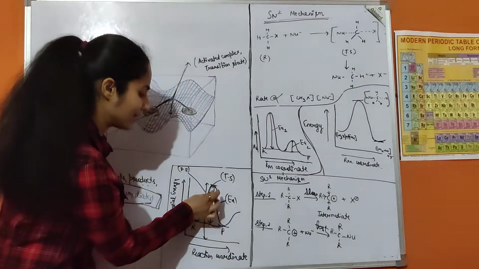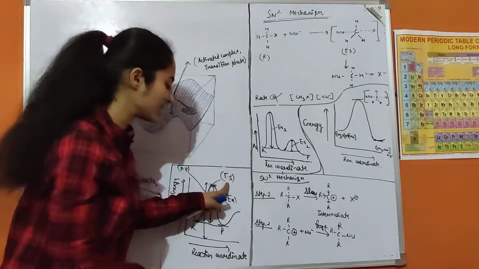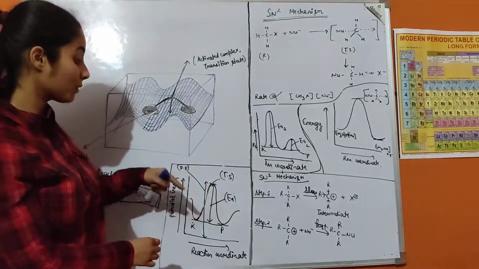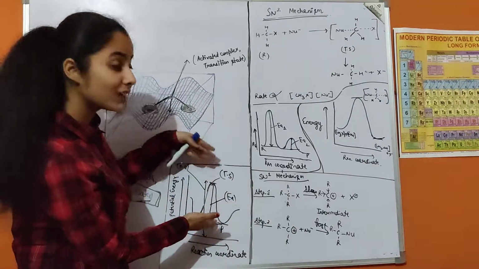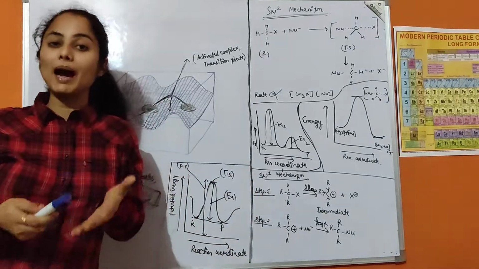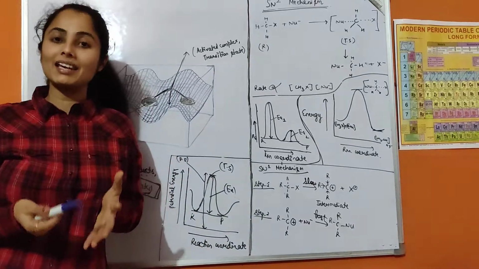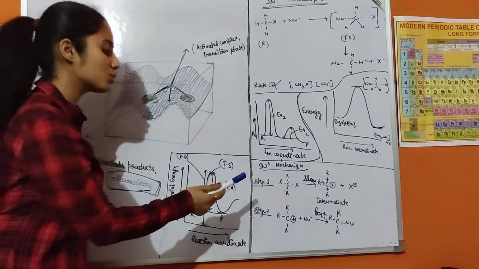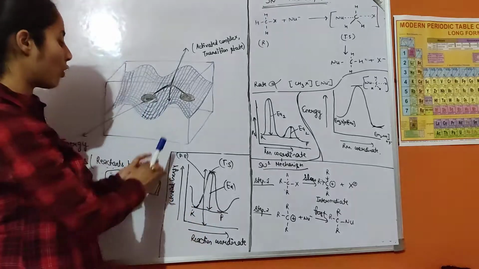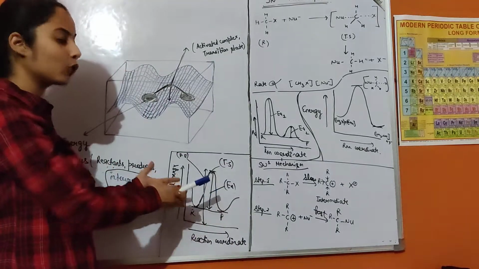These are valleys and this is the peak which represents a transition state. Now what is this gap? This gap is the activation barrier to the reaction, or in chemistry this is called the activation energy, which is denoted by EA.